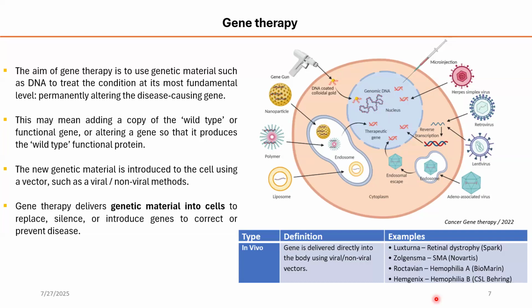If there is, say, a mutation with a premature stop codon, then the protein itself is not made, so you don't have the protein at all. Normally the protein is degraded. What happens is you have the functional protein, which is in the normal shape, so the function is normal.